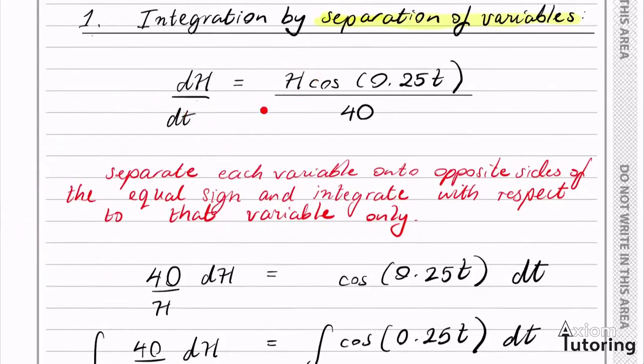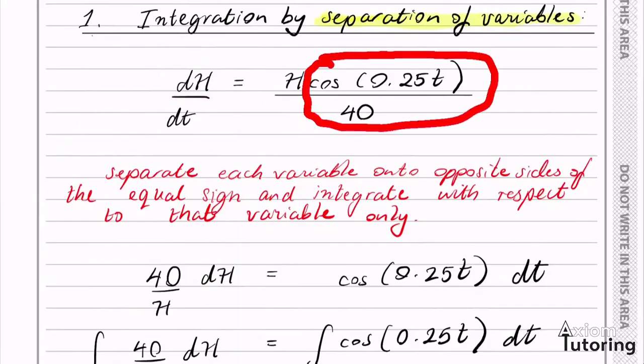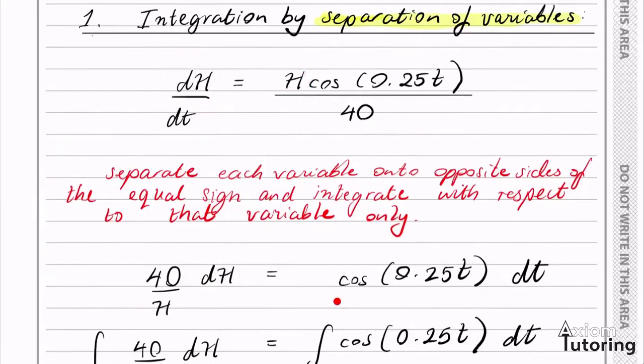So the only h term on the right can be associated with the dh on the left. And then all that's left is this cos of 0.25t over 40. Well, that's all in terms of t, so I can just bring up dt onto the right-hand side. And so that way I've separated each side with its own variable.